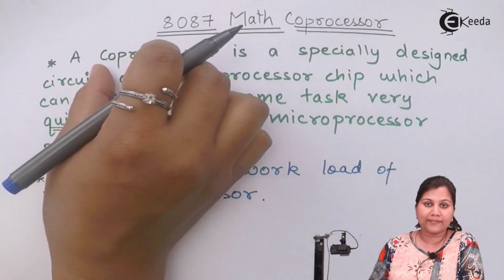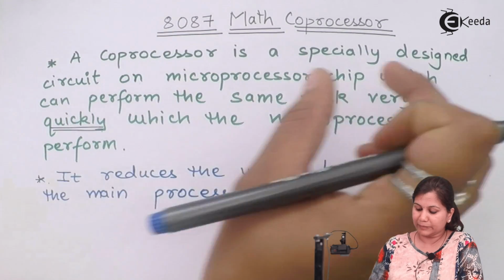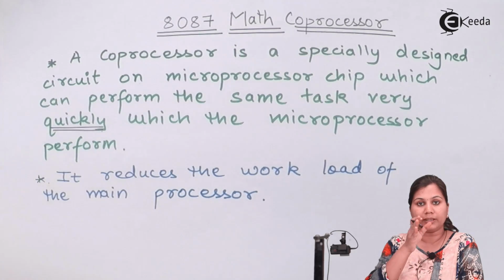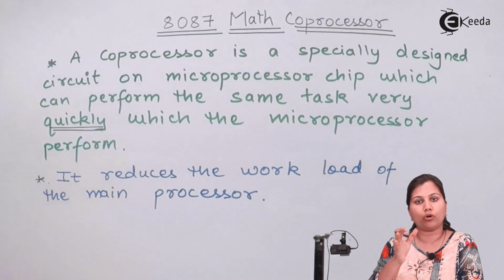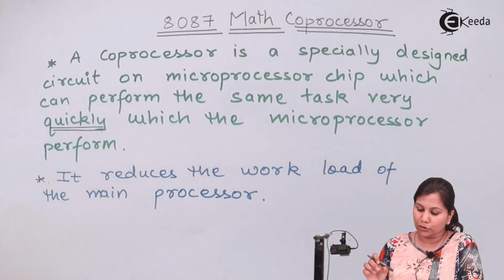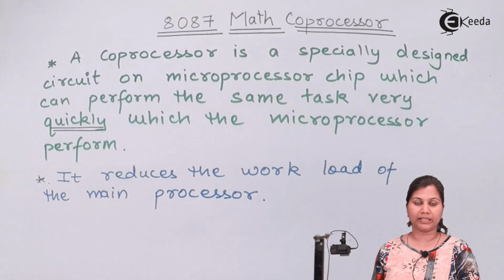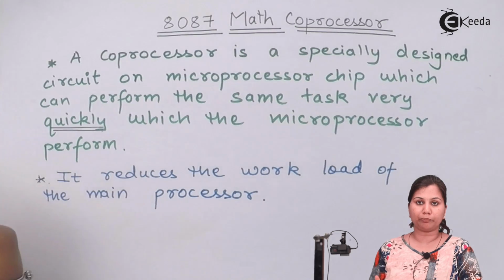Now as I have said, the coprocessor is a specially designed circuit on the microprocessor chip. So on the microprocessor chip itself, the coprocessor is present. The coprocessor is going to share the same memory, the same bus, and the input output ports.